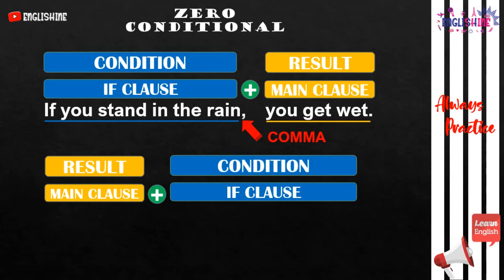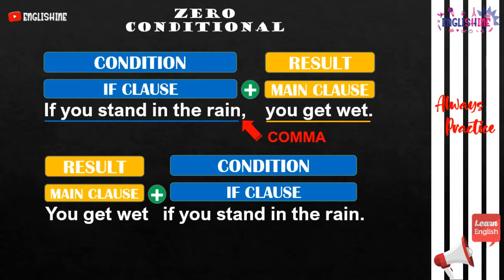We say, you get wet if you stand in the rain. You get wet is the main clause, the result. If you stand in the rain is the if clause, the condition. With this order, we don't use a comma between the clauses.